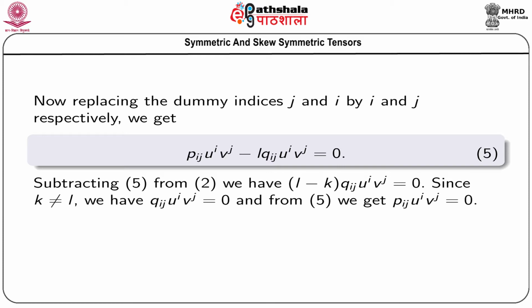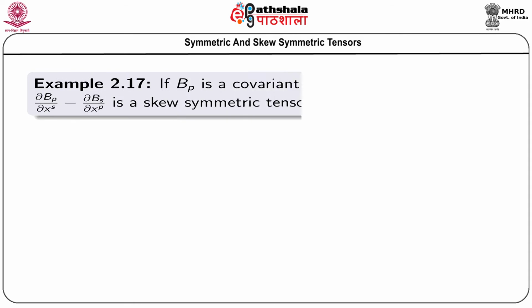Now, since k is not equal to l, we have q_ij u_i v_j equals 0, and replacing the value of q_ij u_i v_j equal to 0 from 5, we get p_ij u_i v_j also equal to 0. So, therefore, the relation is proved.